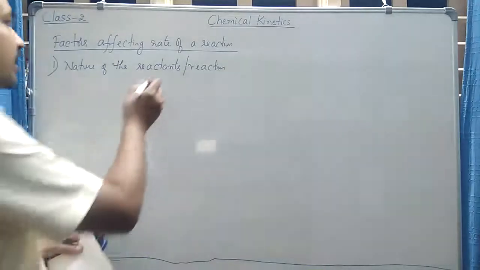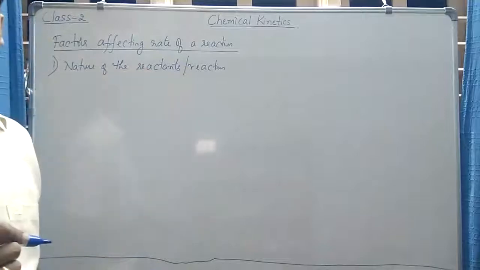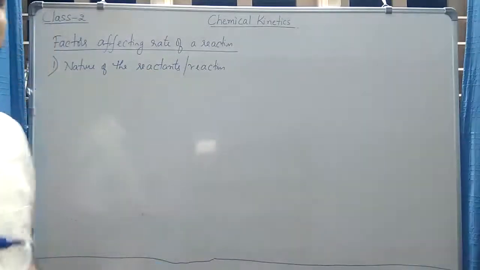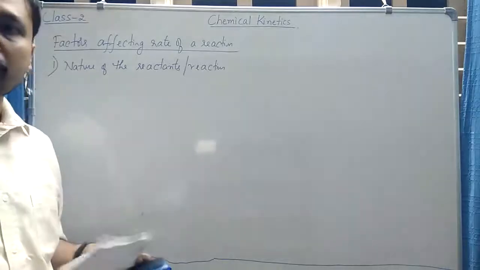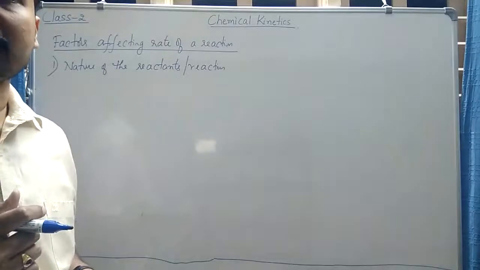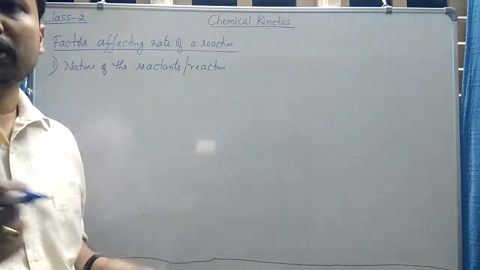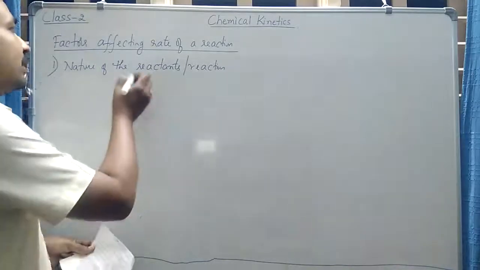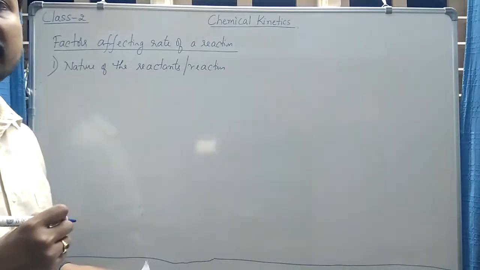Because the nature of the reactant molecules involved will be different. If the molecule contains an electron withdrawing group or an electron donating group, you would know that the rate of the reaction will be influenced by the presence of these functional groups. So the nature of the reactants is one of the important factors that affects the rate of the reaction.